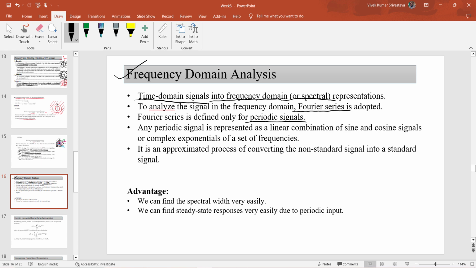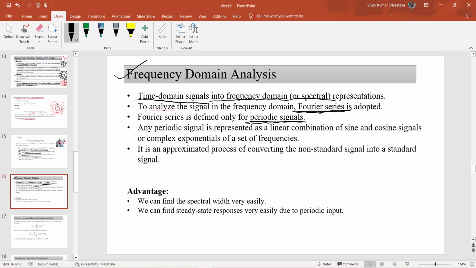It is not useful for the non-periodic case. For non-periodic signals, we generally use another tool known as the Fourier transform method, which we will see in the upcoming lectures. Here we are considering that the signal is periodic, so we will use the Fourier series method.